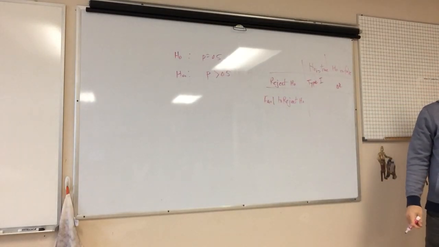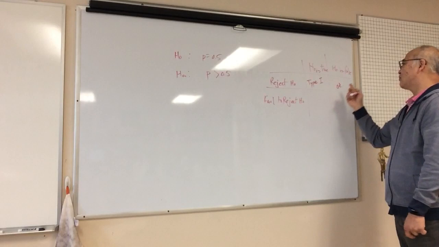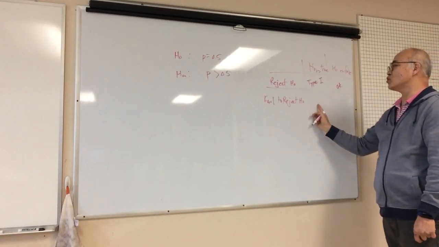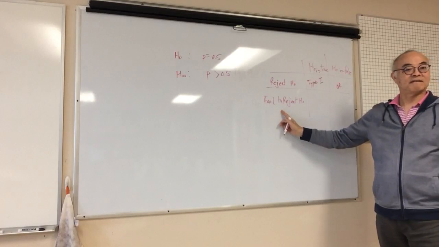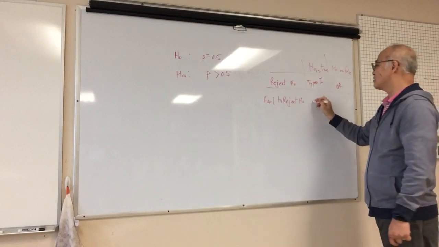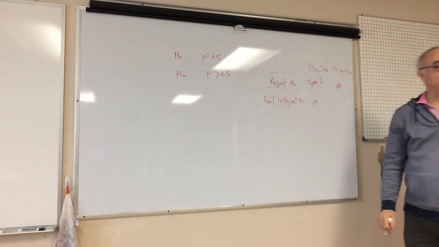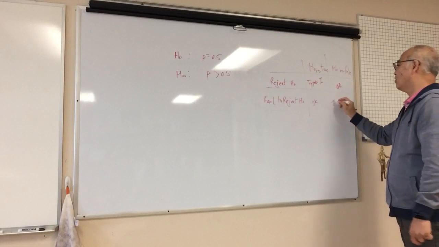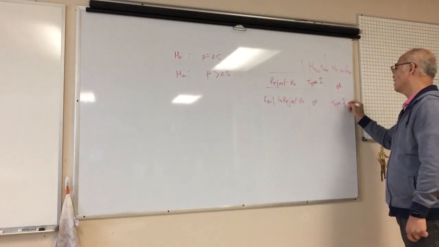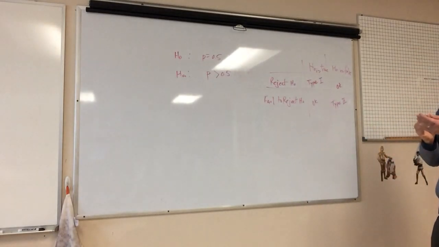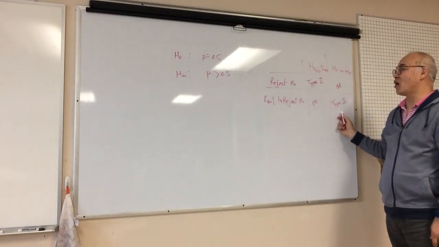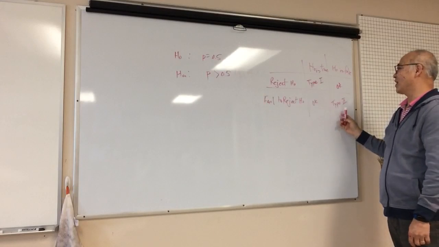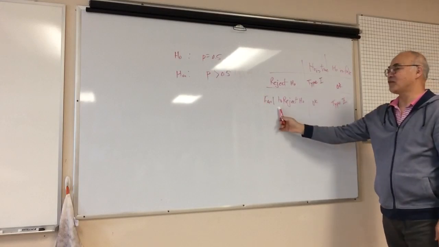On the other hand, if H0 is true, we fail to reject H0. Does that make sense? So this is okay. There's nothing wrong with that. Over here is the type 2 error. When H0 is false, I do not want to fail to reject it.